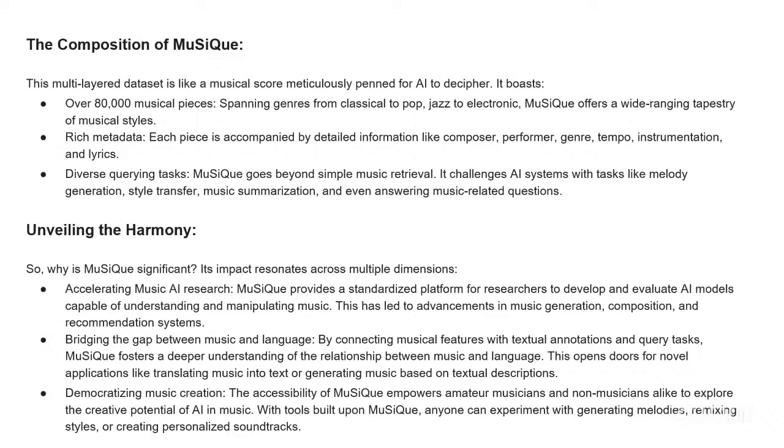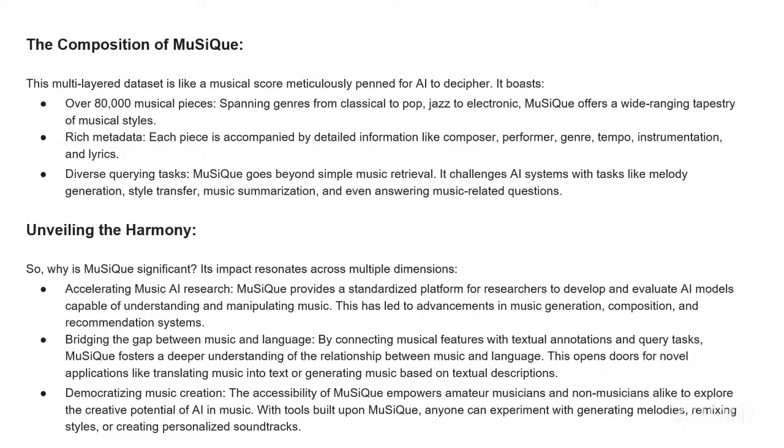The composition of MusicQ. This multi-layered dataset is like a musical score meticulously crafted for AI to decipher. Over 80,000 musical pieces, spanning genres from classical to pop, jazz to electronic. MusicQ offers a wide-ranging tapestry of musical styles.